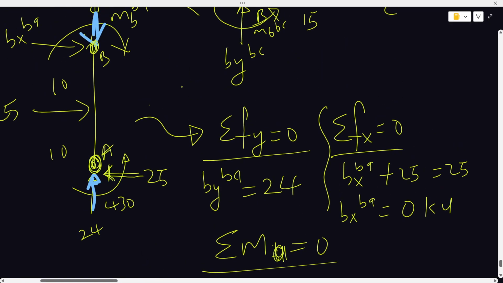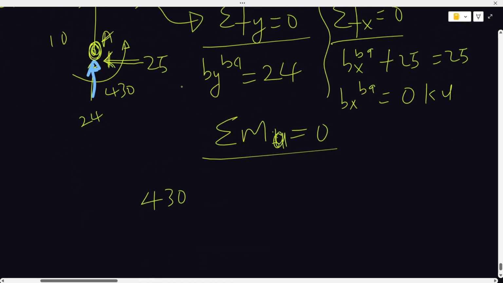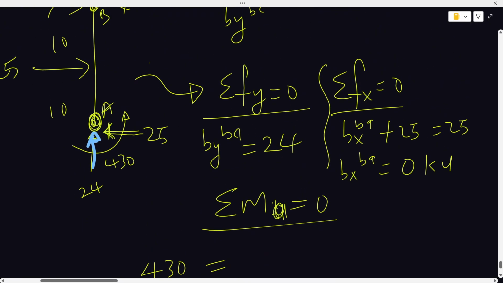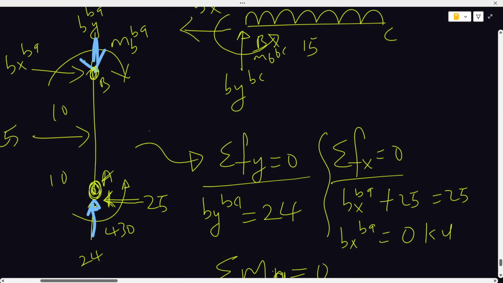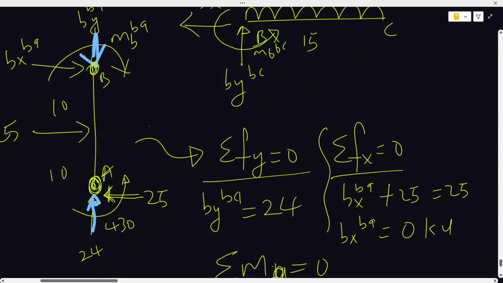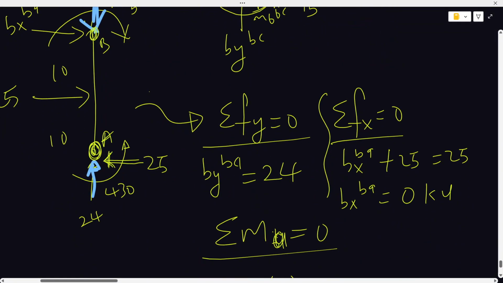The remaining would be clockwise. Anti-clockwise equals clockwise, which is 25 times 10. BXBA is 0, so nothing, plus MBBA.